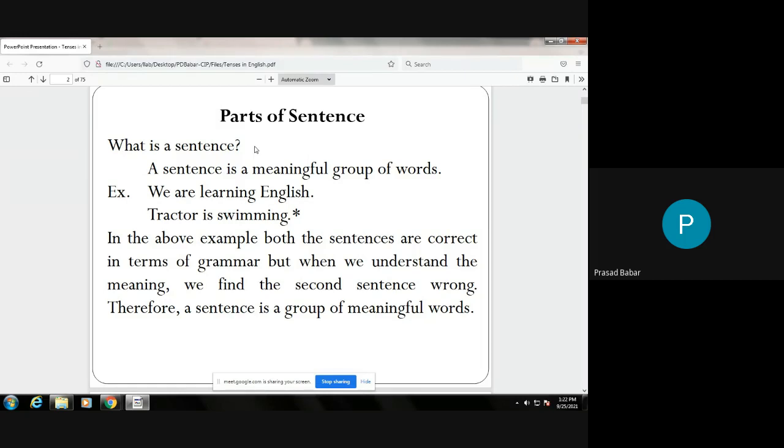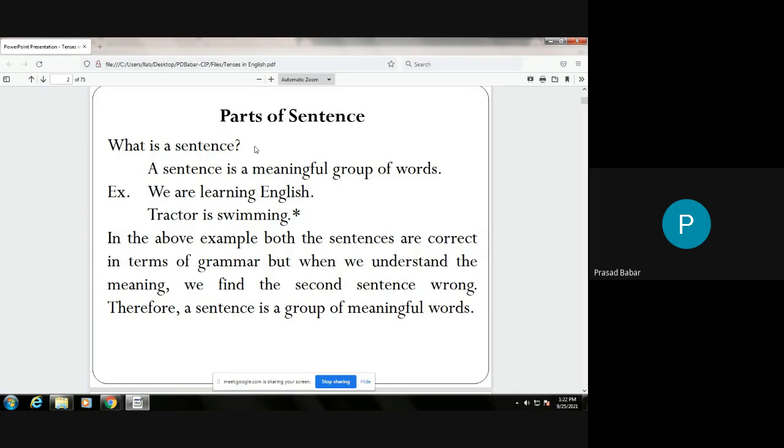We can say that tractor is floating. To float means तरंगणे. Tractor is floating, but we can't say that tractor is swimming. So though the second sentence is grammatically correct, it is the wrong sentence by its meaning. It doesn't show the correct meaning.